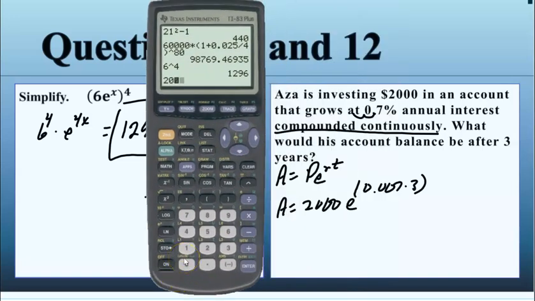So we have 2,000 and base e, so second natural log button, and then we'll have 0.007. We're going to multiply that by 3, end parentheses. That gives us $2,042.44.